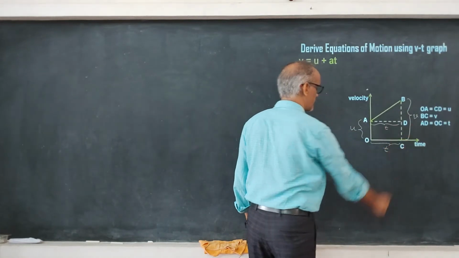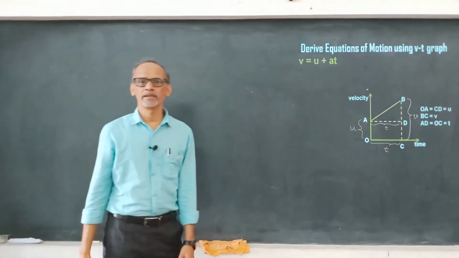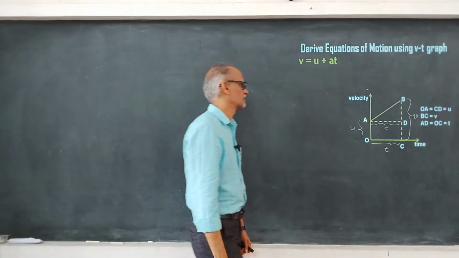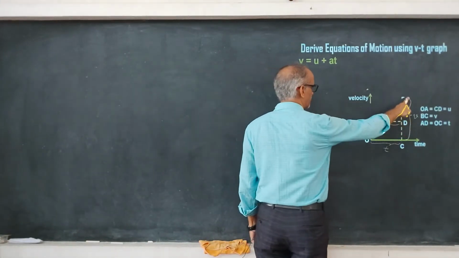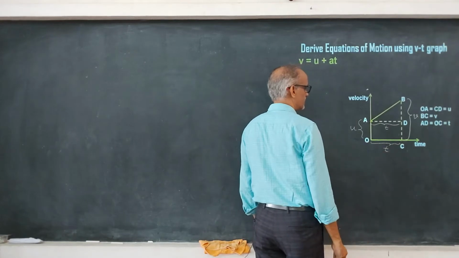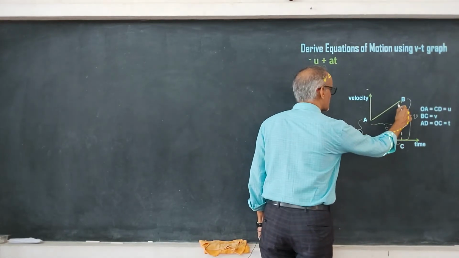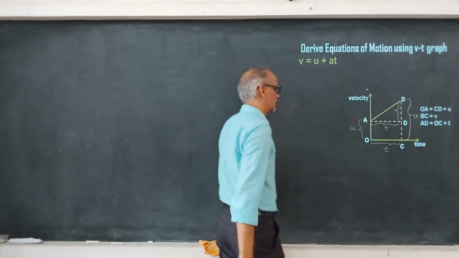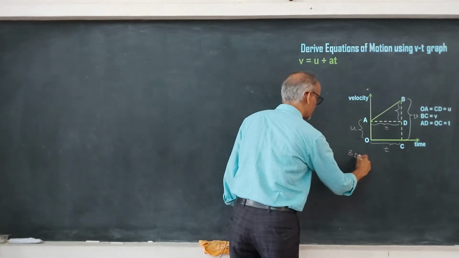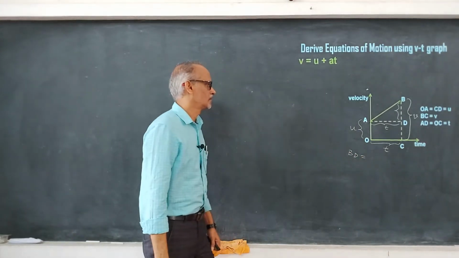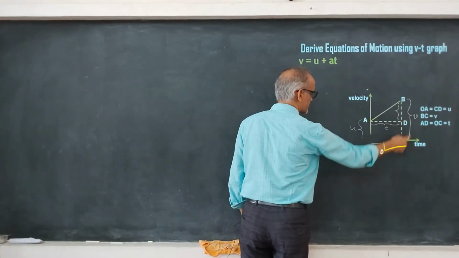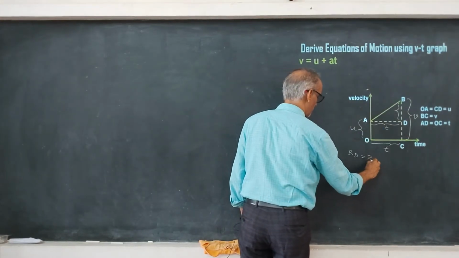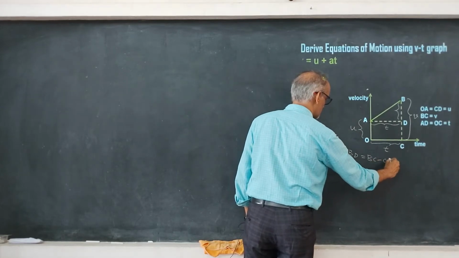What is BC? V, the final velocity. If OA is u and BC is v, then we can find this very easily. What is BD equal to? BD is equal to BC minus CD, correct?